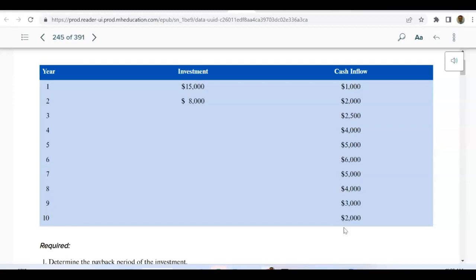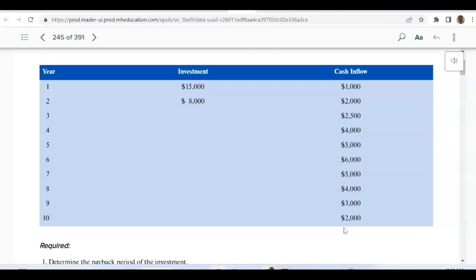So I suggest to improve the payback period calculation to use present value of each single cash flow first, to calculate that first, and then use that present value of cash flow into consideration of calculation of payback period. That will be much better payback period analysis compared to just regular payback period.